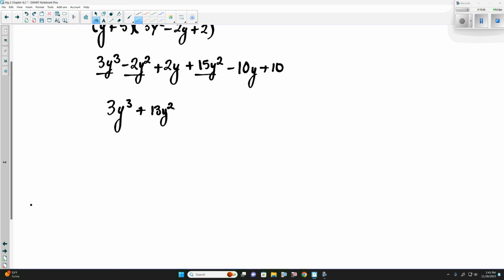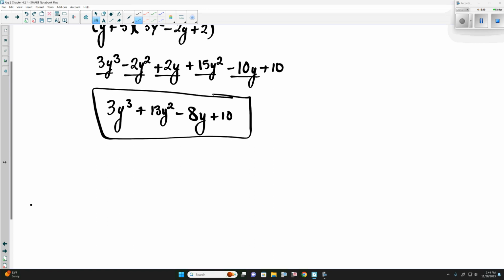And we have our 2y minus 10y. 2 minus 10 is negative 8y. And then lastly, we have our plus 10. Questions on this here?